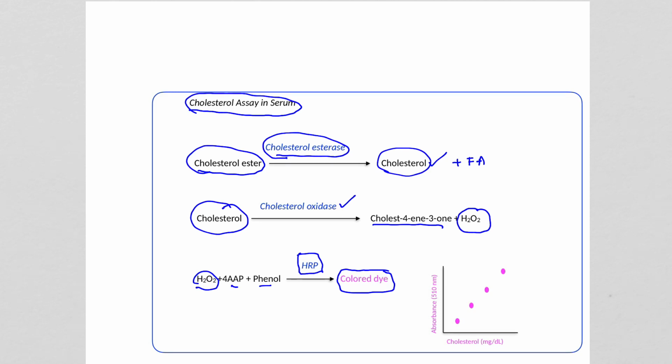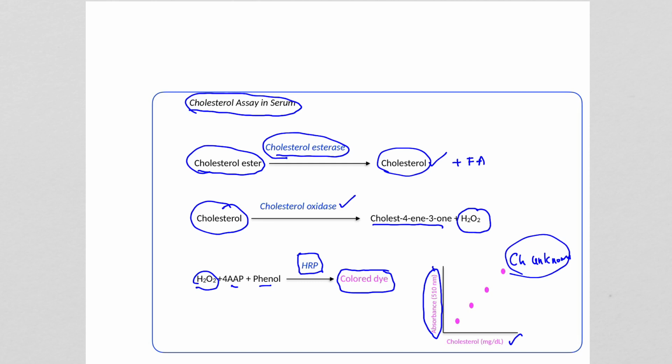By measuring the absorbance of the color and comparing it to standard cholesterol solutions, we can determine the cholesterol in an unknown serum sample. So that's how we determine cholesterol in serum.